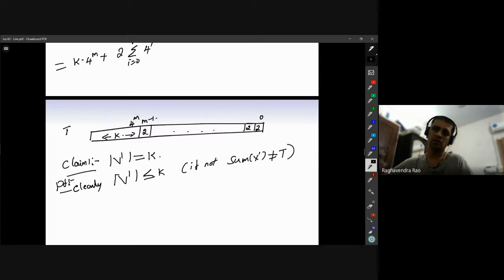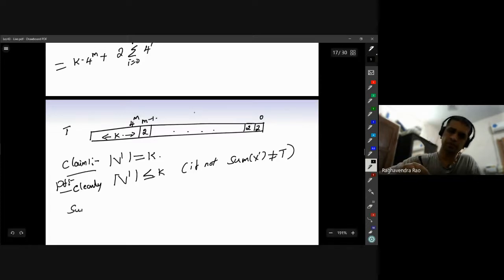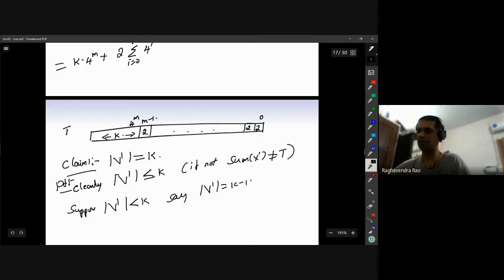So suppose cardinality of V prime is less than k. Say cardinality of V prime is k minus 1. It really does not matter. It could have been k minus 2 or whatever. The argument will hold.